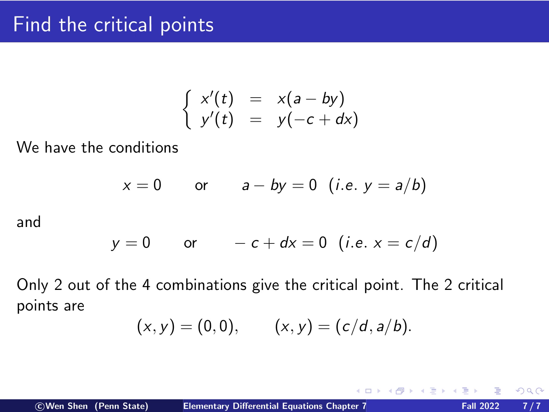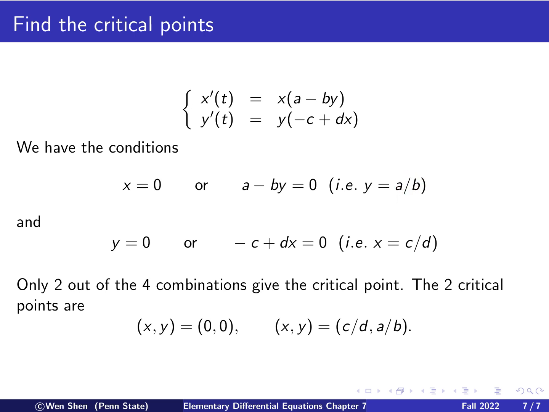Let's look at it. We see that 2 of the combinations will not give any solution. That is, if we combine this one from the first and this one from the second, c over d does not equal 0, so there's no solution. And then another combination is when y is 0, and then we pick this one, y is a over b.